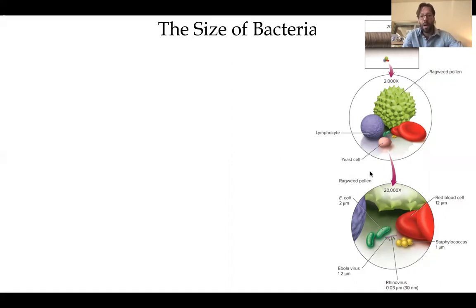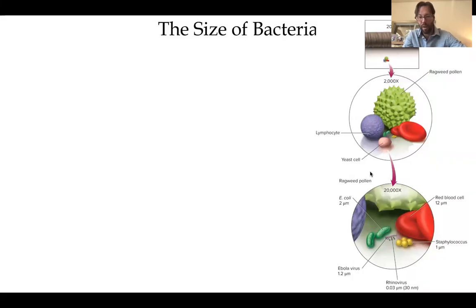But that said, you have Ebola virus, which is, per our quiz last week, we know it's a helical form of capsid. And so it can be quite long. It can be just as long as a Staphylococcus bacterial cell at 1.2 microns. However, most viruses are going to be less than 0.2 microns.